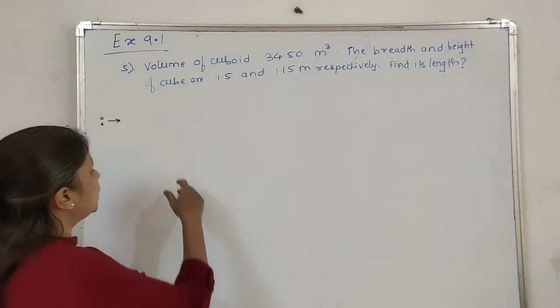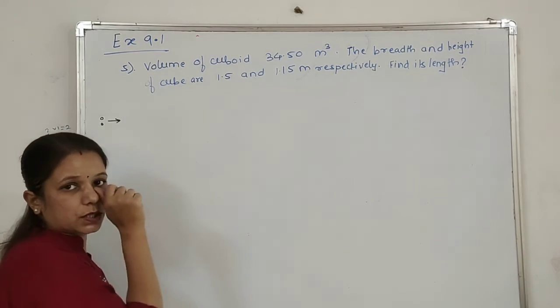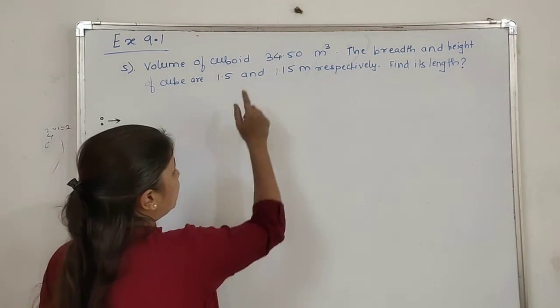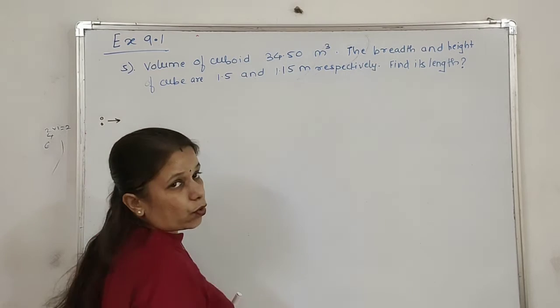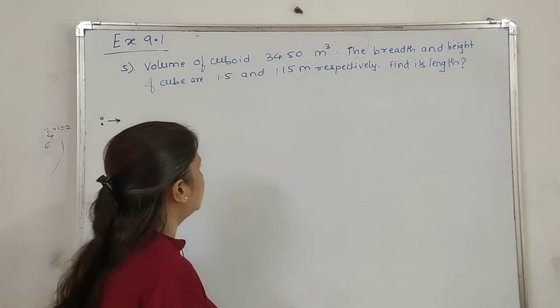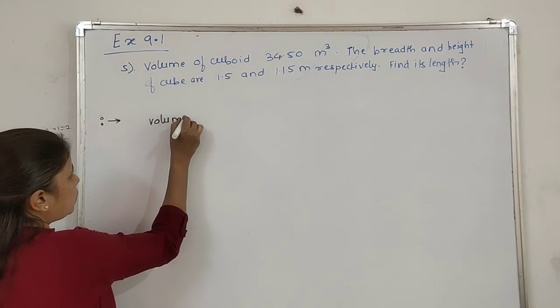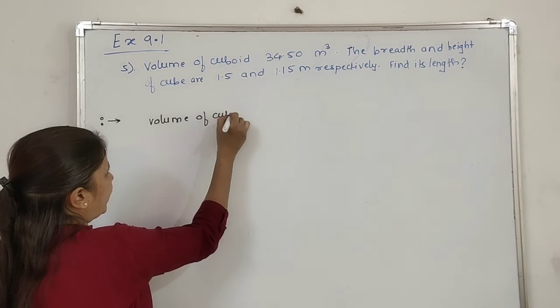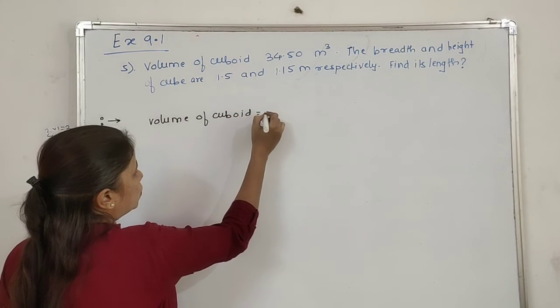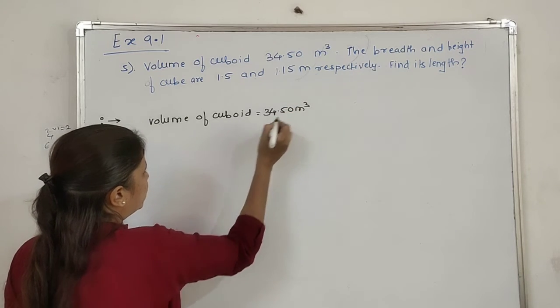So here volume of cuboid is given to you as 34.50 meter cube. So I will note down volume of cuboid equal to 34.50 meter cube.